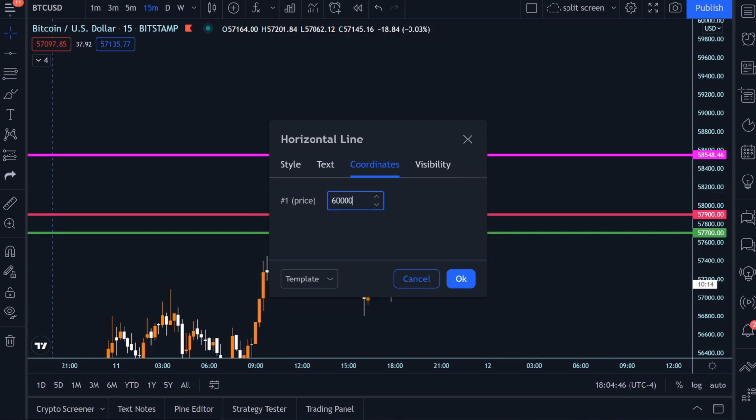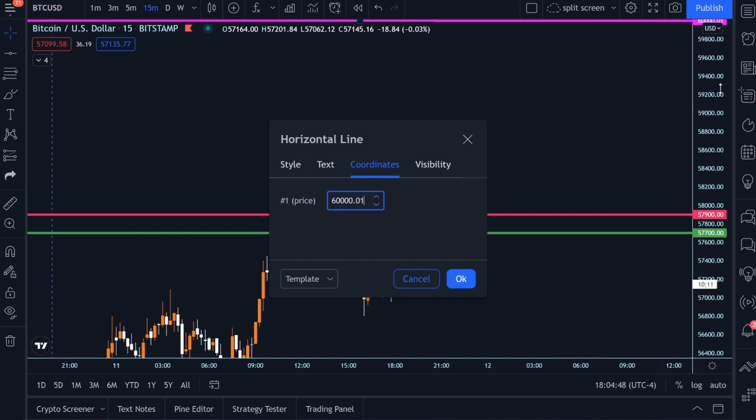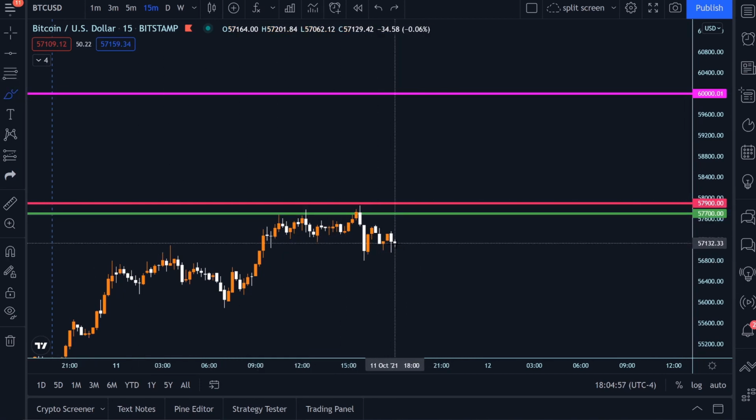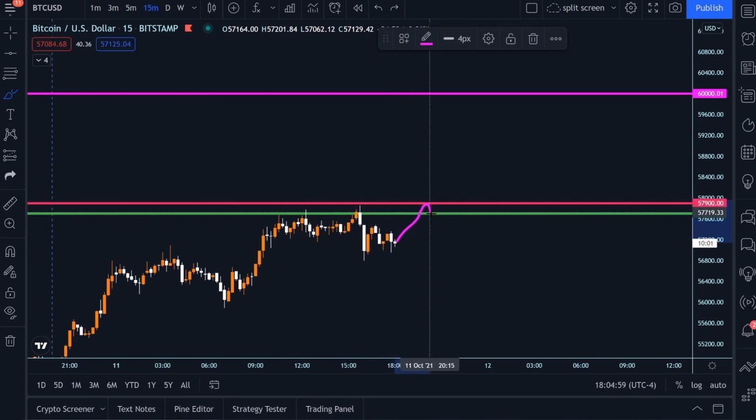So 60,000, hit enter, so all the way up here. After this fills, so we have this happening, it's going up, hits that, goes back down, it fills, and then it's going. So this order was already in, and the price is at $58,000 now.